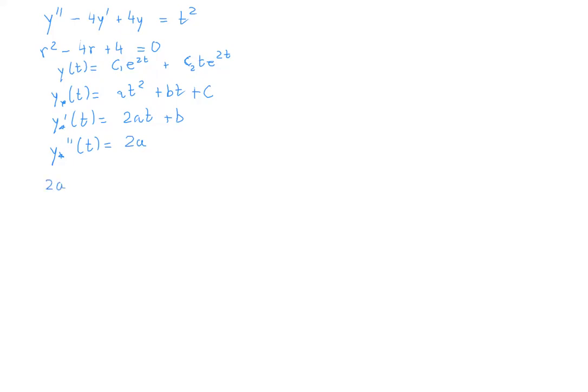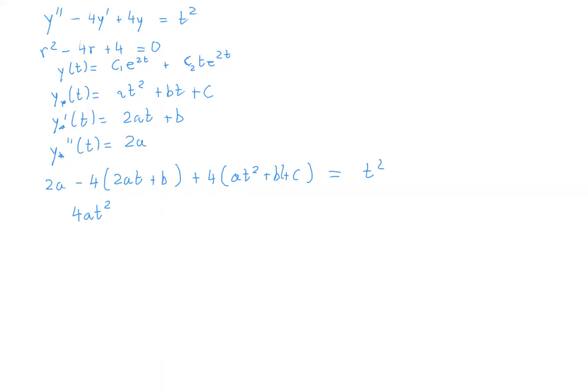So now I plug them in, and I get what? I get 2a minus 4 times 2at plus b plus 4 times at squared plus bt plus c should be equal to t squared. Okay, let's line them up. Let's make sure that you have all the t squares together. So that's 4at squared, and then you have the t's together.